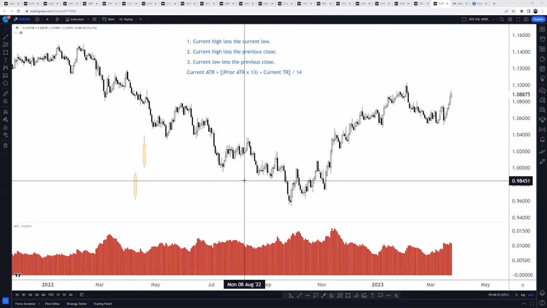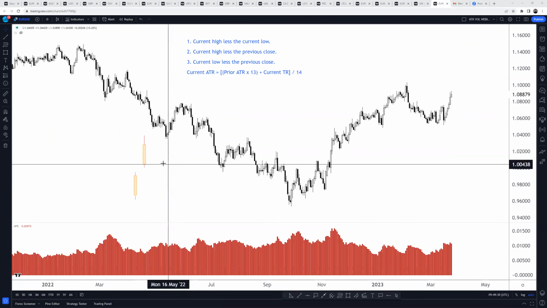If we're looking at a stock trading at, say, $600 against a stock trading at, say, $5, the absolute values are just not comparable, because the $600 stock will have a greater ATR. The $600 stock could have a daily ATR of $10. It's very unlikely the $5 stock is going to have the same, is it? So we need to bear that in mind: you cannot compare the ATRs between securities.